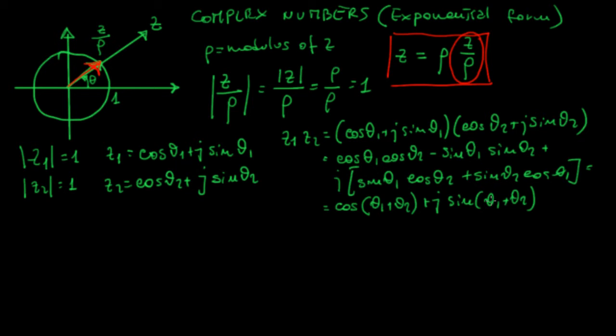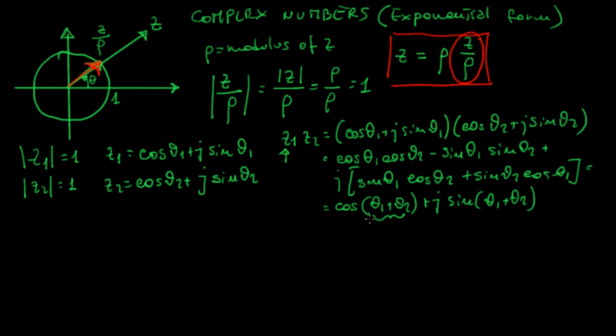But this is very interesting because we have seen that multiplying two complex numbers means finding a complex number whose argument is the sum of the arguments of the two factors. So again, the argument of the multiplication of two complex numbers is the sum of the arguments of z1 and z2.